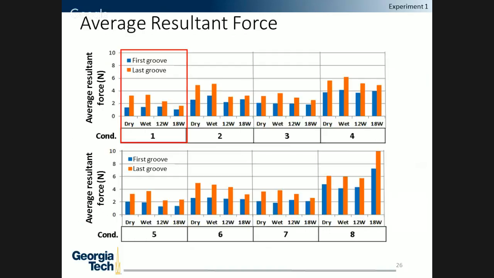As can be seen, the dry cutting condition had higher cutting forces for the last screw. However, with the addition of 12-watt laser, that lowered the cutting forces, and the 18-watt, due to its higher laser power and more thermal softening, lowered forces even more and decreased cutting forces by almost 50%. So that is a significant benefit.